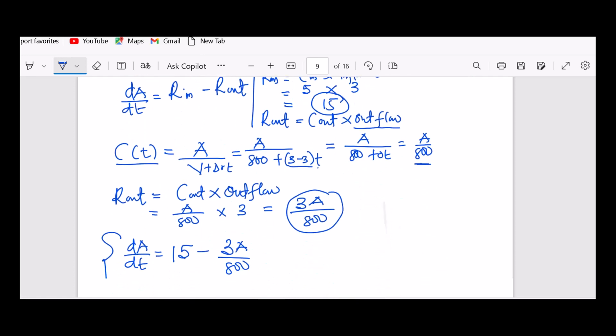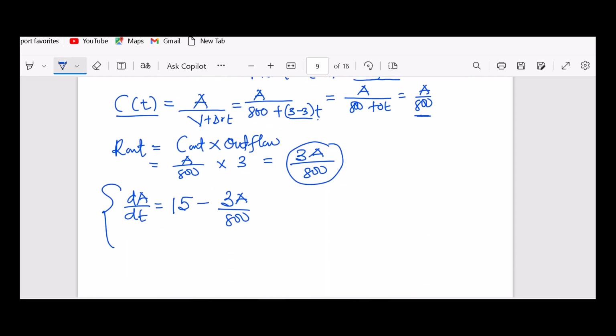It means that our A of 0 is equal to 2. That is the amount of polluted substance in the water initially. At time equals 0, the amount of substance was 2. So this is the first IVP, one part of the question, which we can then solve.